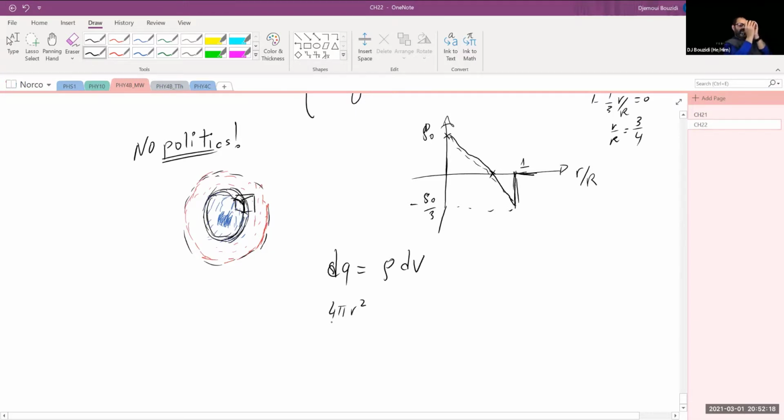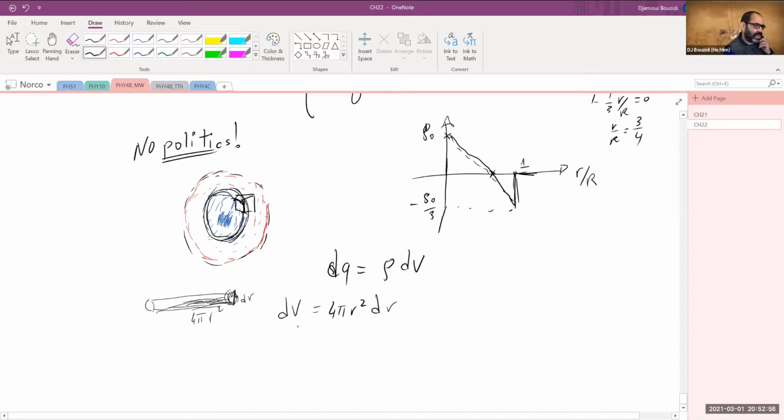So if I take this sphere now, this is how it looks like, and take a strip of it. This is dr, okay? This height in here is dr. But the entire sphere in here is the area, not the length. The area of the sphere is 4 pi r squared. So the volume element is going to be 4 pi r squared dr, okay?